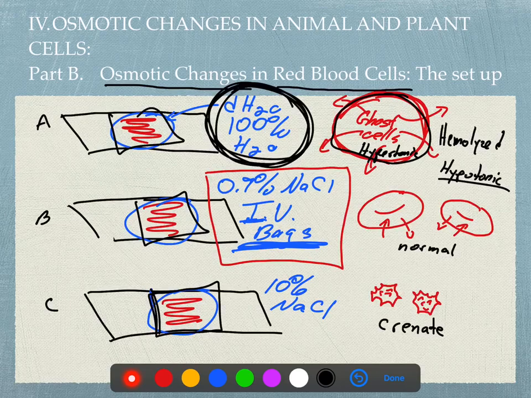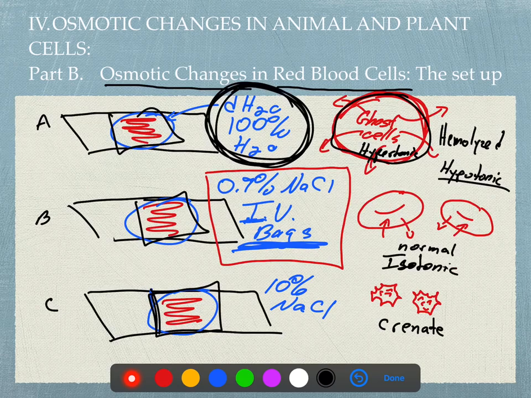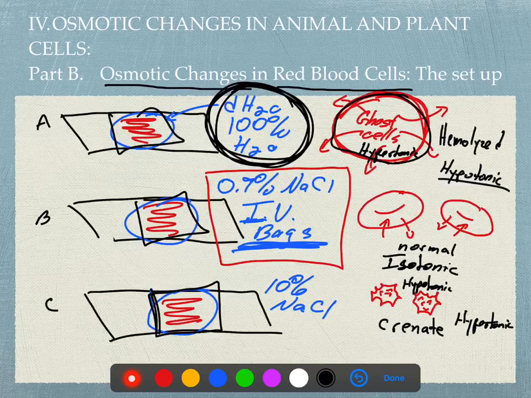Okay, what about in the case of 0.9% sodium chloride where water is going in and out at the same rate? We would say that in this case the solutions are isotonic. And what would we say if the cells are losing water? Then the cells are hypotonic, and the solution that was gaining the water is hypertonic.